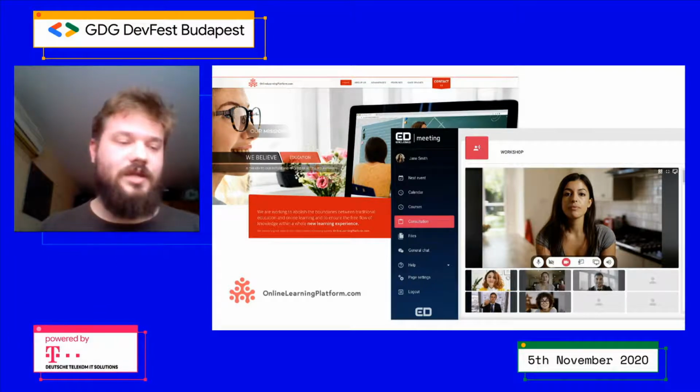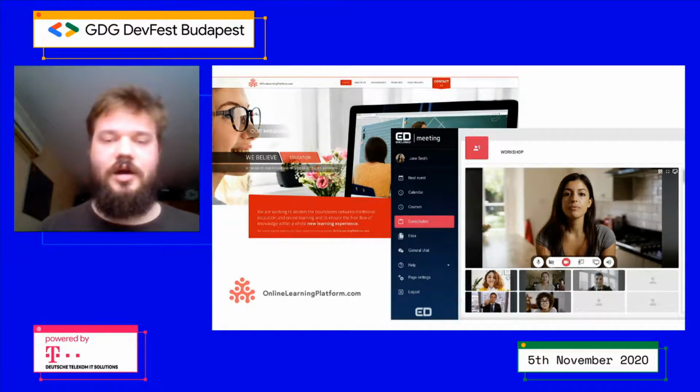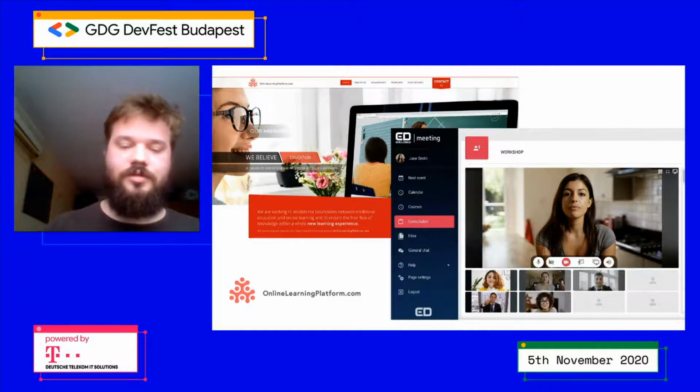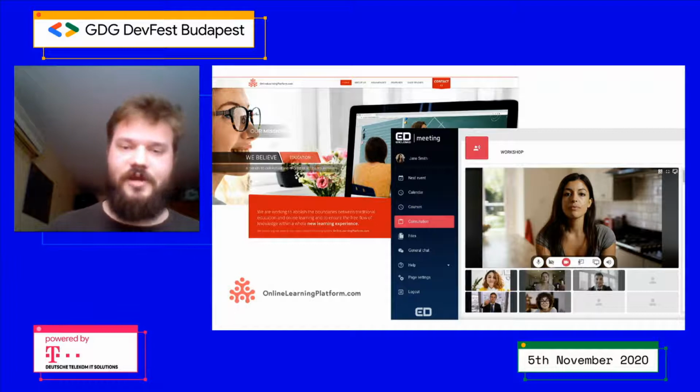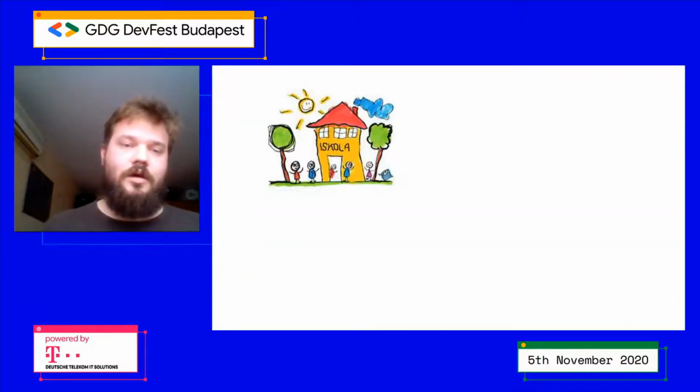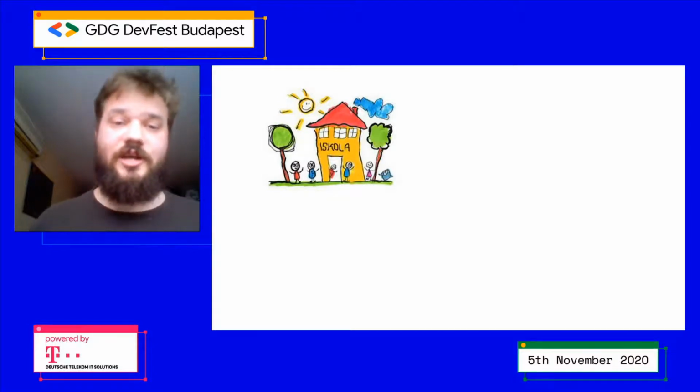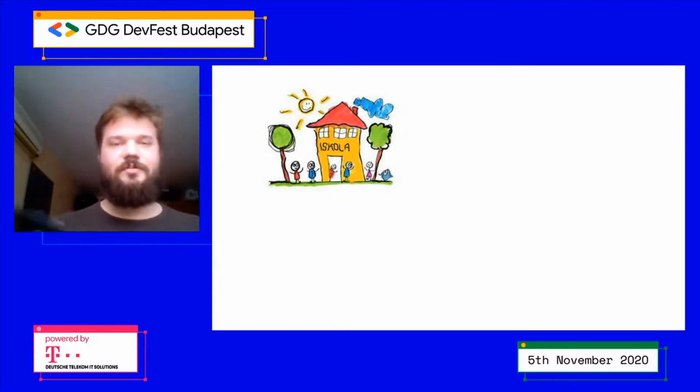Now, this project started during the first run of the lockdowns in around March. So one thing that we needed to keep in mind is that time to market was essential. So we had to do everything very, very quickly. Of course, this product targets mostly schools, and schools around Europe especially.